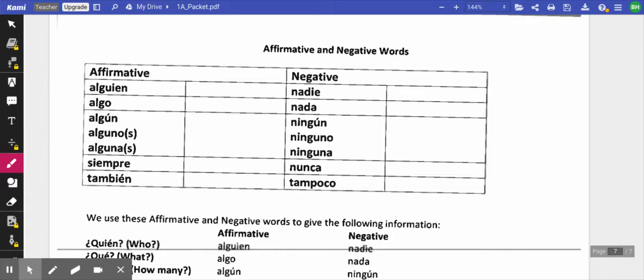So for alguien, right, which means someone, right? The opposite of someone, nobody or no one. Okay, algo, something. And then the opposite of something is nothing.